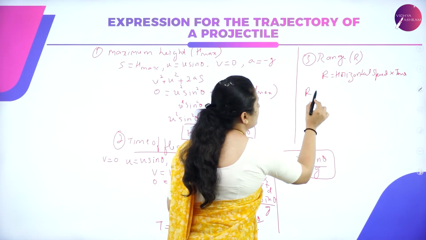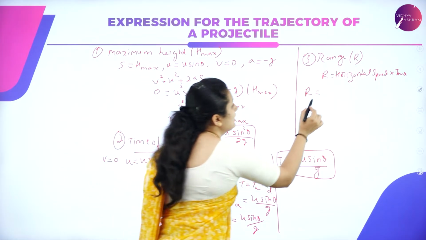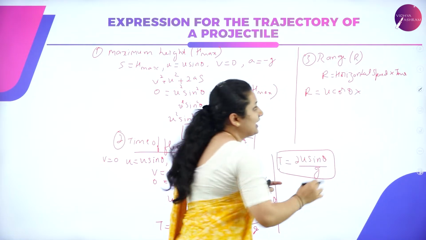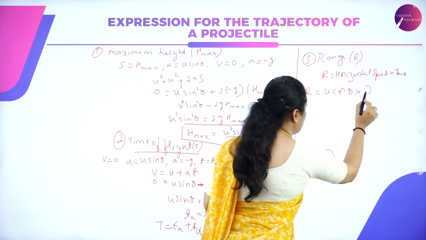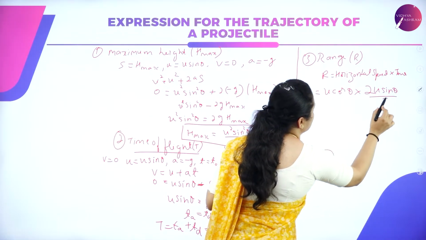So r is equal to, what is the horizontal speed? Horizontal velocity of the projectile. It is u cos theta into time, which is nothing but time of flight. Time of flight that you have got is 2u sin theta by g.